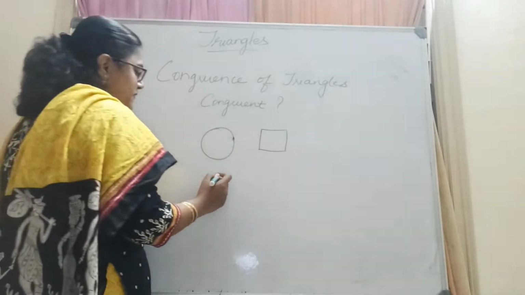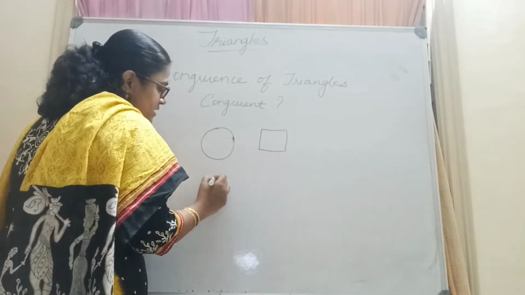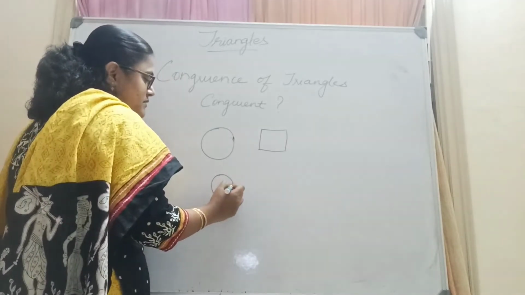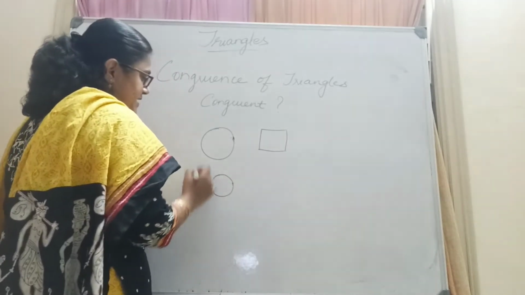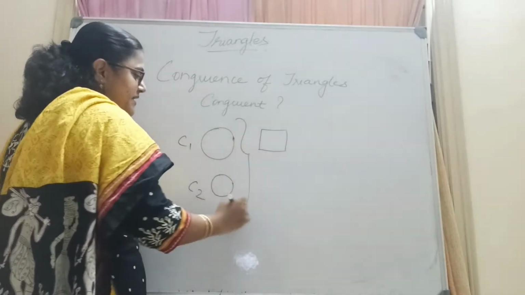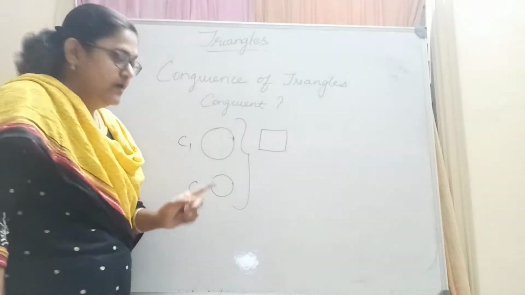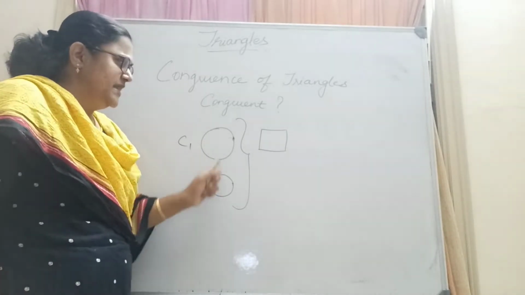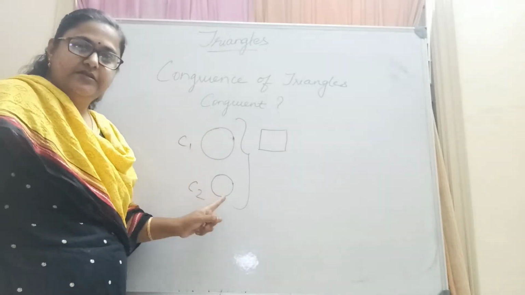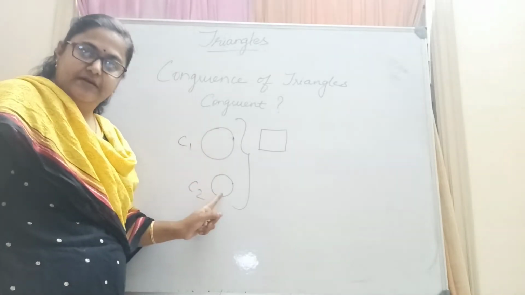Now, say if I have two circles, circle 1 and circle 2. Now we'll compare these two. When you compare these two, they are of the same shape, right? Both of these are circles.